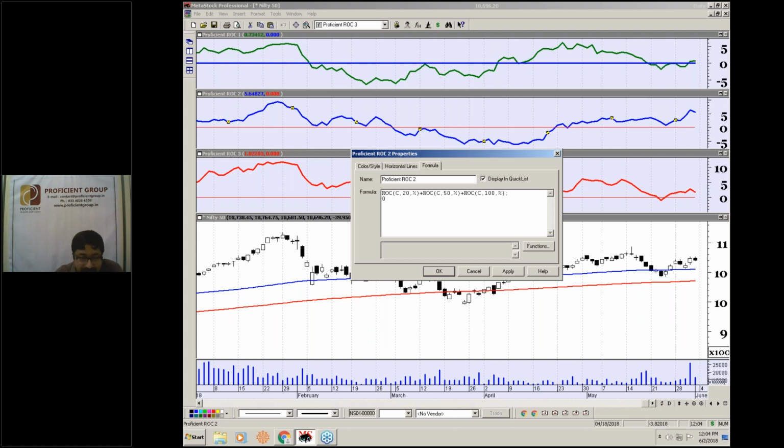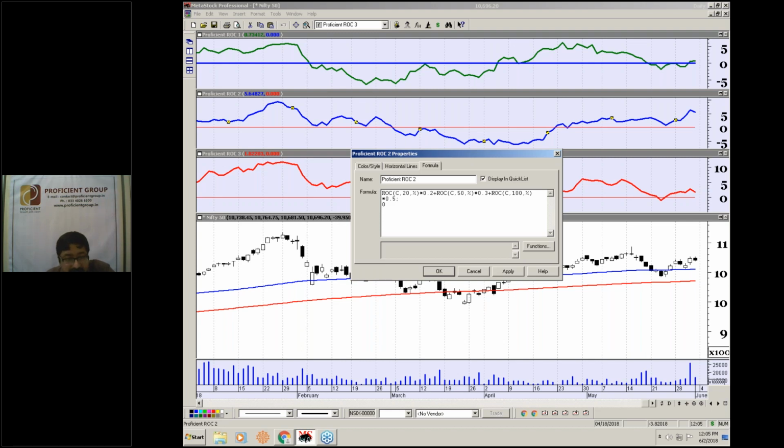So how could we give greatest weightage to the long-term ROC? We are multiplying the long-term ROC by 0.5. We are multiplying the intermediate ROC by 0.3. And we are multiplying the short-term ROC by 0.2.